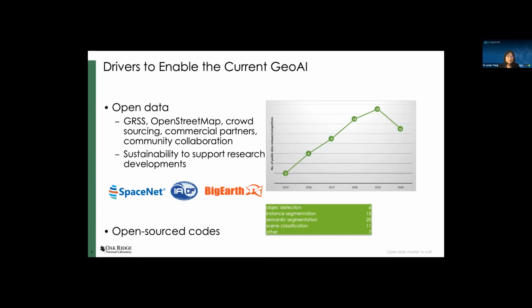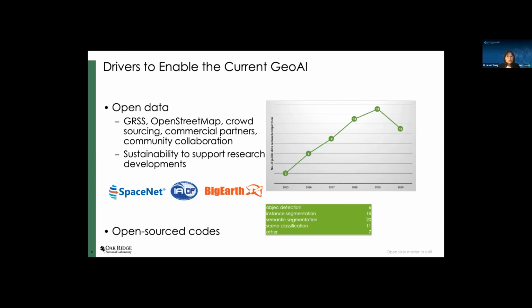This is much needed effort, and we would like to see more collaborations in this domain, voicing their needs, creating the data sets, and pushing the whole GeoAI to the next level.